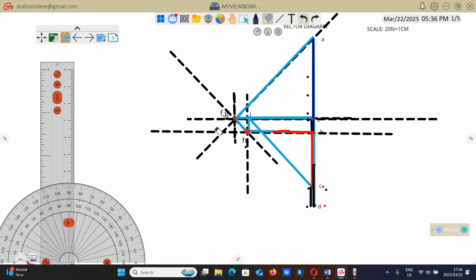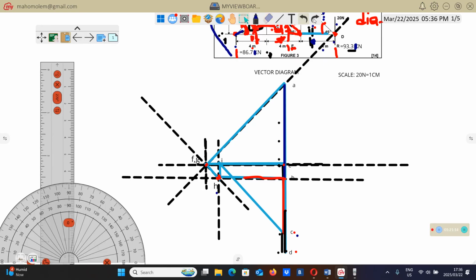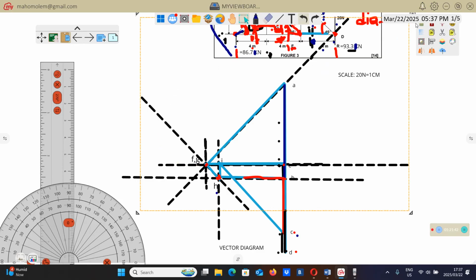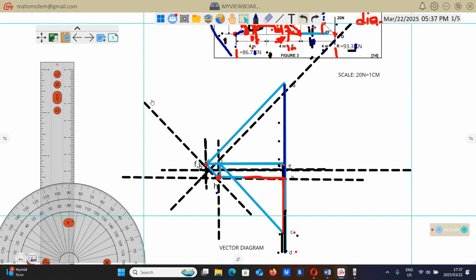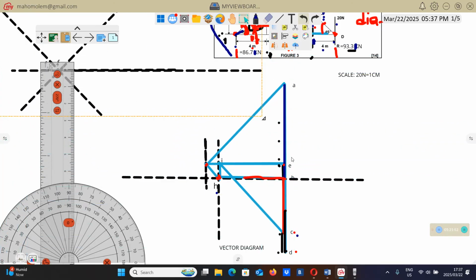You can leave them. I'm trying to erase these dotted lines. Let me just move it like that.